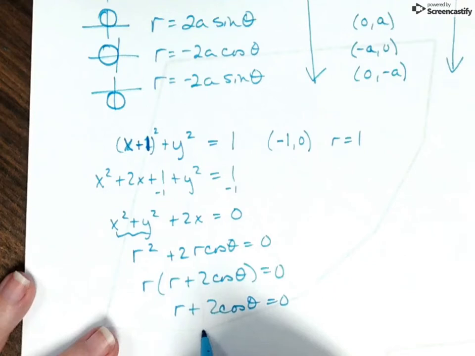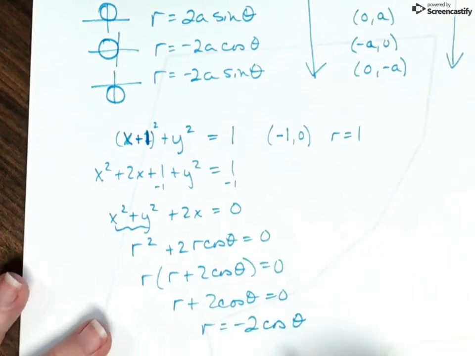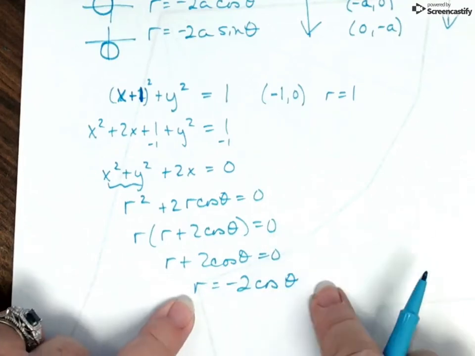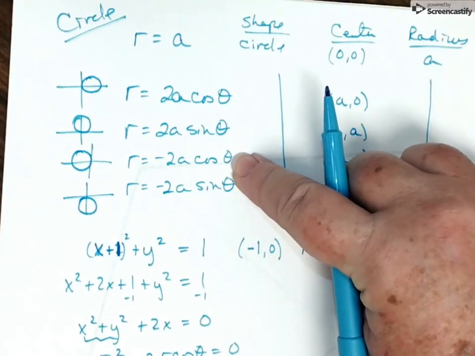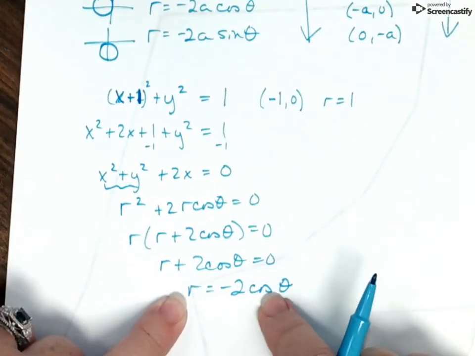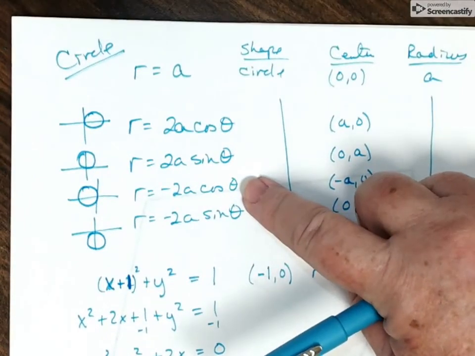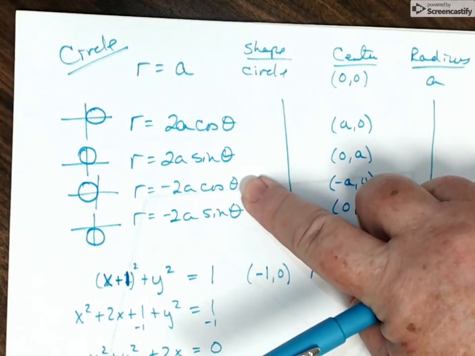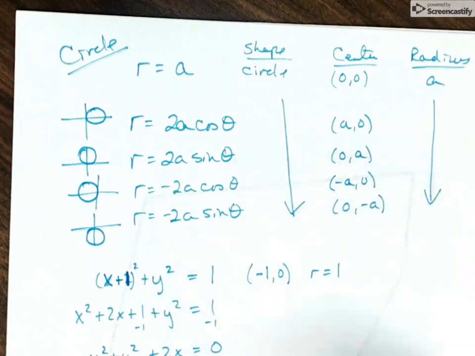I'm going to move this over. r equals negative 2 cosine of theta. This looks like this pattern right here. r equals negative 2 cosine of theta matches r equals negative 2a cosine of theta.